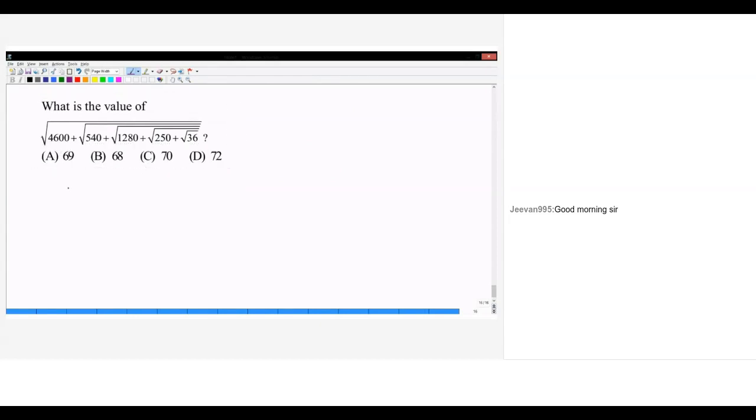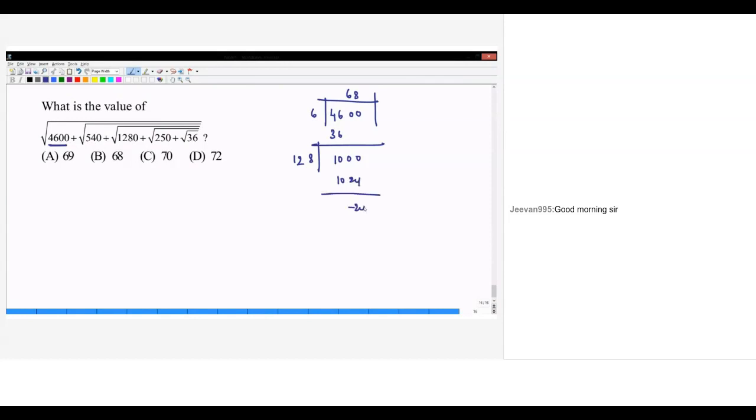What is the value of... Find a square number close to 4600. We know 12 squared is 144, 1024.